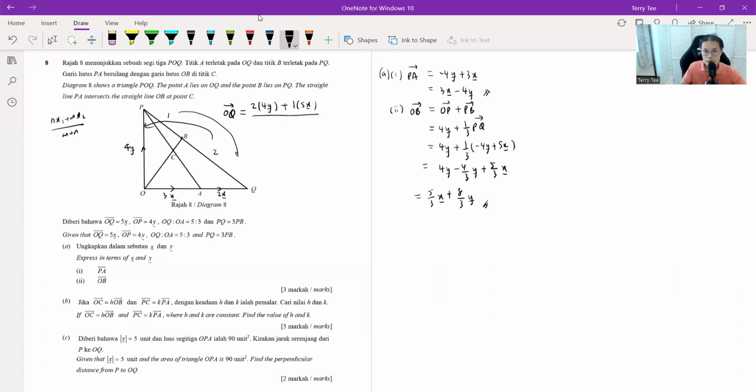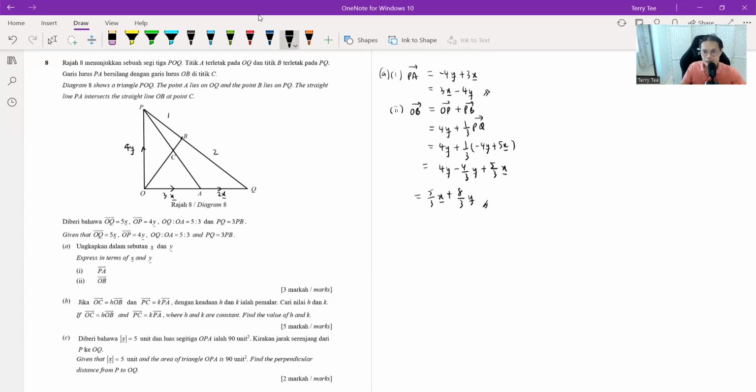Total ratio is 1 plus 2, which gives us 3. So this will be 8y plus 5x over 3. There you go. You got the same answer. It's so short, right? But if you want step by step, to get marks for exam, then this will be it, okay?